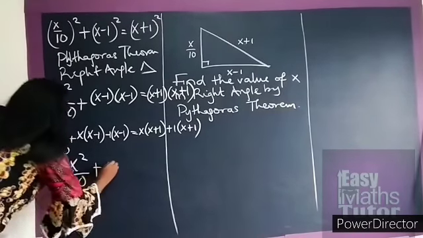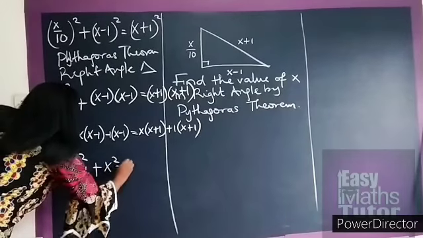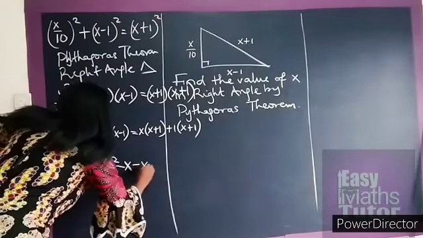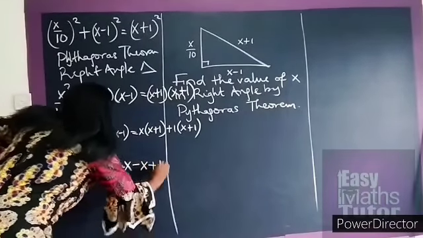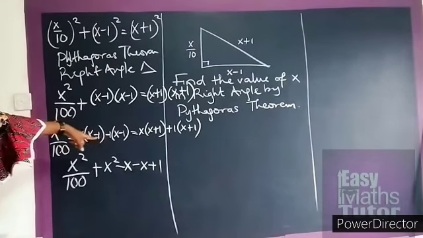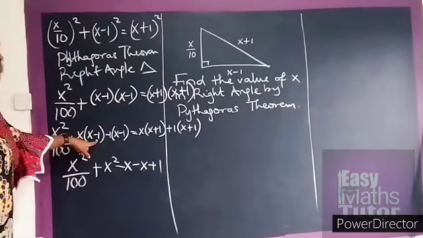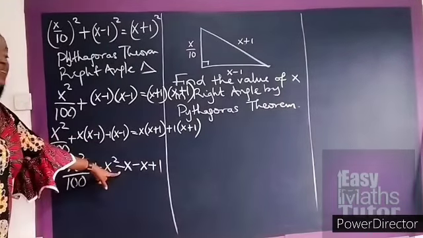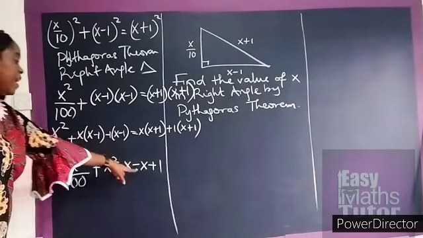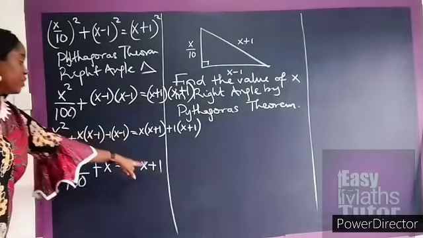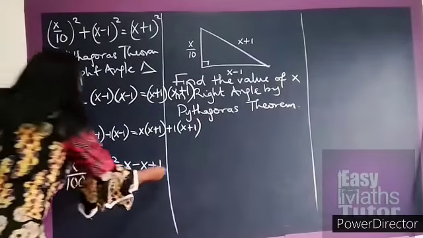So we're going to expand this, giving us x squared minus x. Alright? We're going to expand this, giving us minus x plus 1. X times x gives you x squared. X times minus 1 gives you minus x. Minus 1 times x gives you minus x. And minus 1 times minus 1 gives you plus 1.